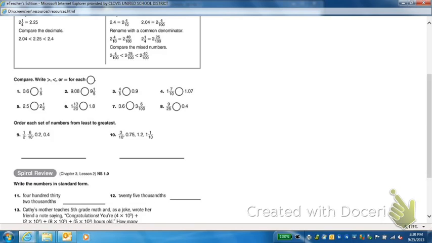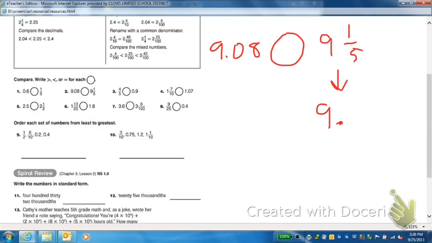Let's start with number 2, 9.08 and 9 1/5. 9 8 hundredths, 9 1/5. So let's change this one to a decimal. It's going to be 9 point and whatever this fraction is. So this one we can change our denominator to a 10. You get 2/10.